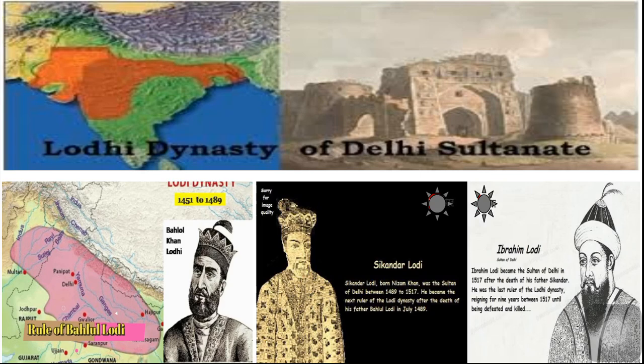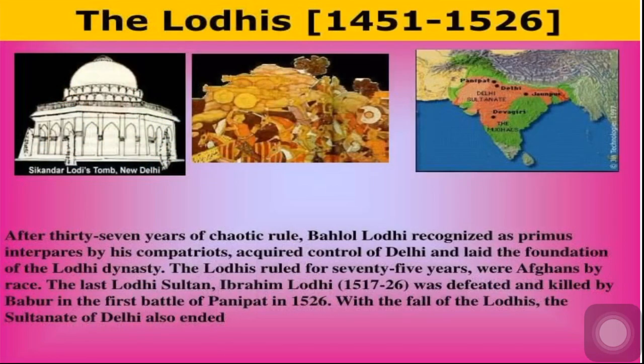So after Sikandar Lodhi, Ibrahim Lodhi, the last Sultan of Lodhi, had faced rebellions from his governors in Bihar, in Punjab, and Rajput Rana Sanga of Mewar. This weakened his control over the Sultanate, and his people were also unhappy with his rule. When he tried to punish Daulat Khan, governor of Punjab, Daulat Khan invited Babur, the king of Kabul, to save him from Ibrahim Lodhi.